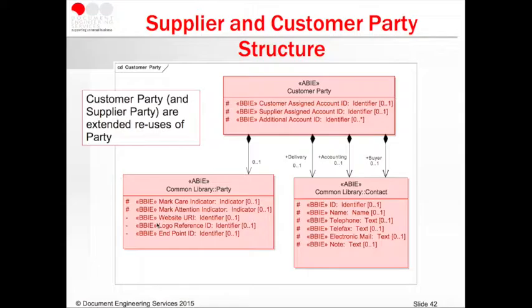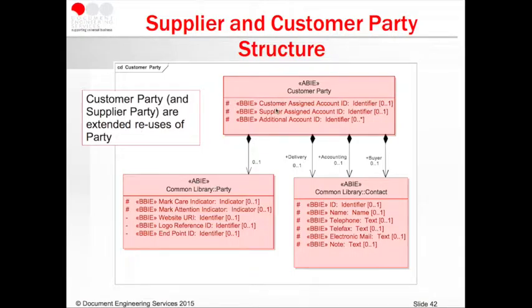In addition, we can extend the structure of a party for specific roles. So a customer party may in fact require more information than a normal standard party role. So when I'm playing the role of a customer, I need more information. And we can see some of this here.